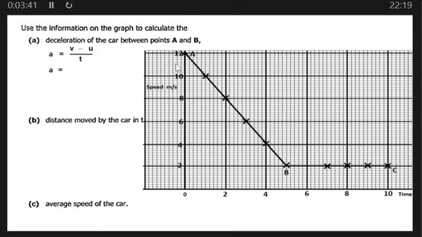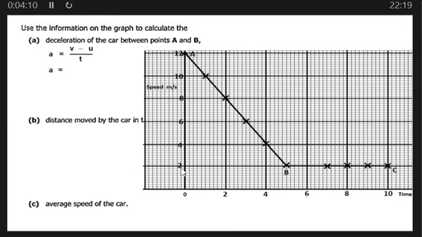Since we are asked to calculate deceleration, during deceleration between point A and point B, the car had a velocity of 12 at point A, and when the driver applied the brakes and the velocity decreased, it went to point B, where the velocity is 2, and that is final.